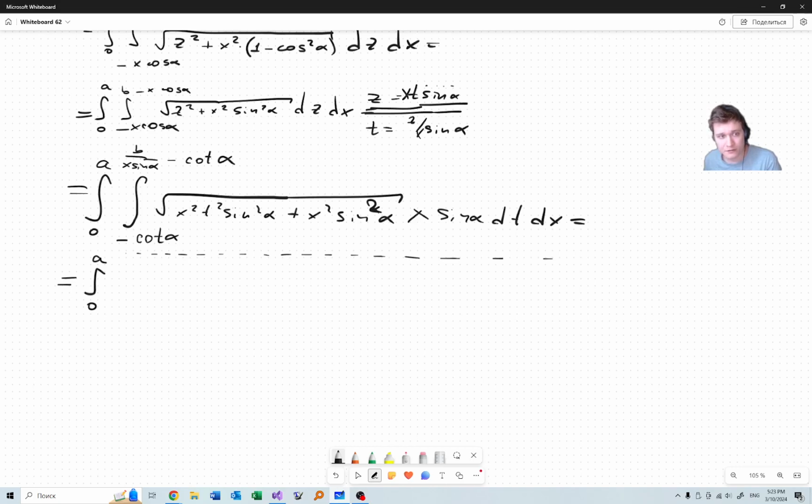Look, so here, again, the same integral. Now I can remove x squared sine squared alpha from under this square root.